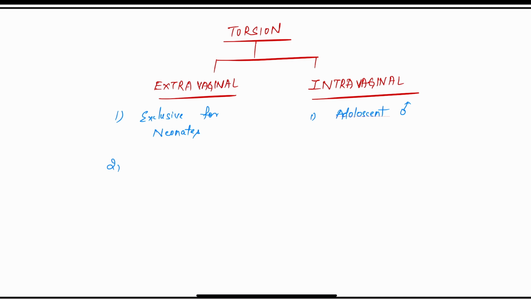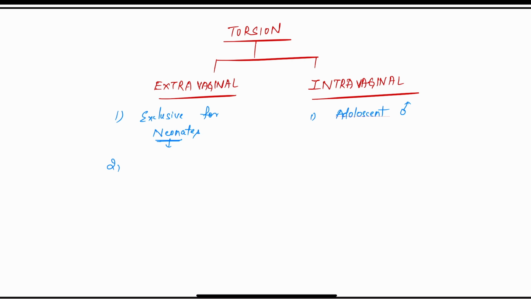What exactly is extravaginal torsion? In neonates, the testis is not yet attached to the scrotum, so there is no fixity of the testis to the scrotum, so the testis can get twisted. So this is called extravaginal torsion.